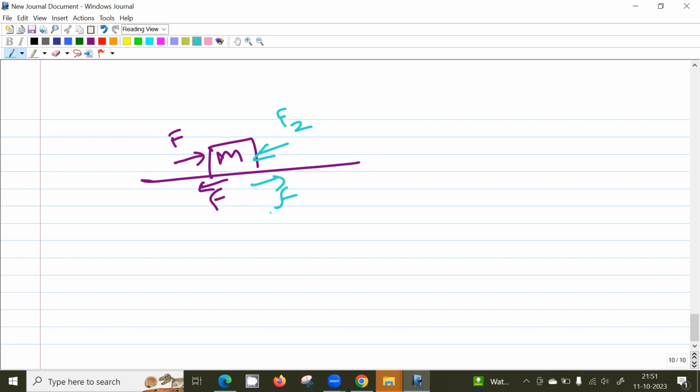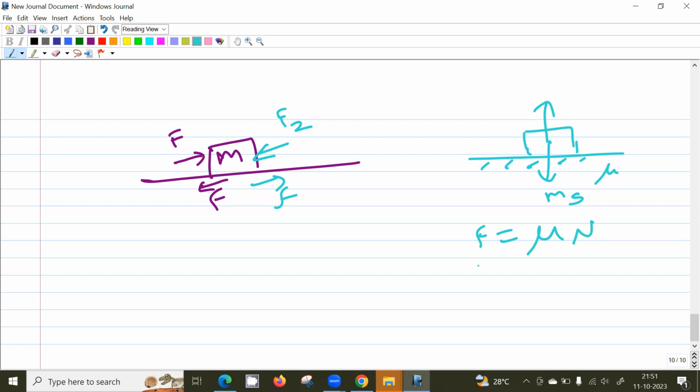Another thing is, even the magnitude of the friction force is not constant. Suppose this surface has some mu, and the mass has some normal reaction. The friction force will be mu into normal reaction. This is actually the maximum friction force.